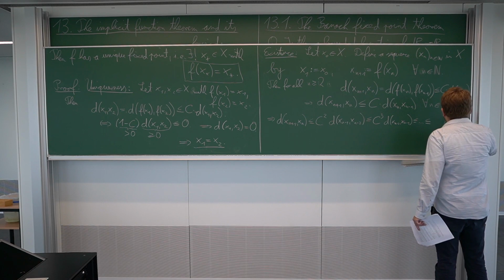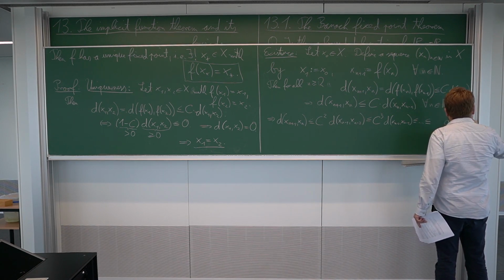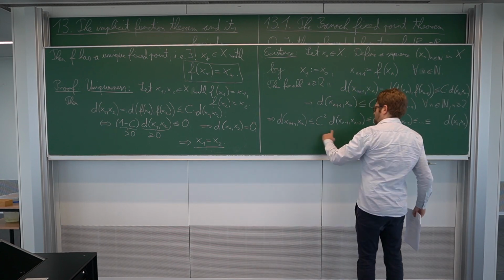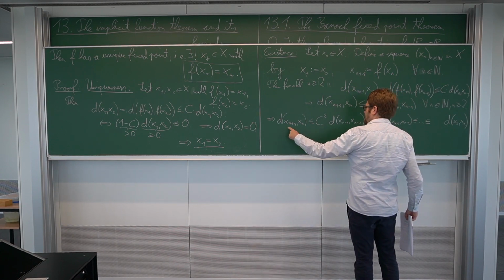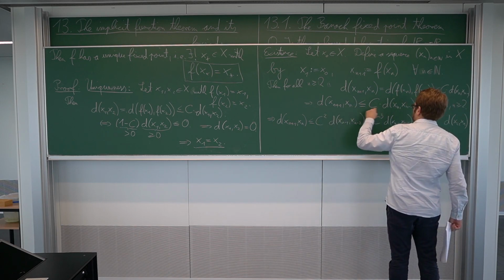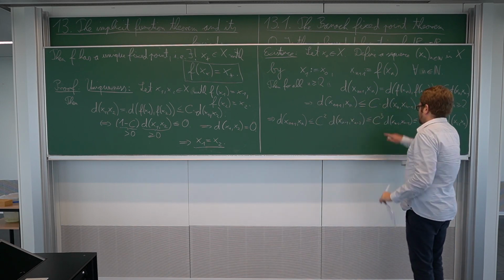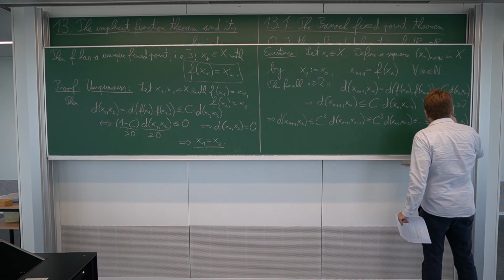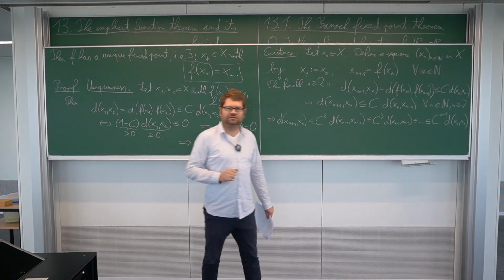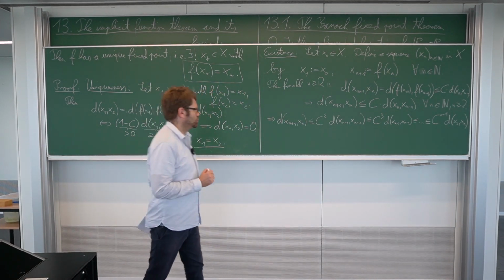So we have d(x2, x1), and we see that with n+1 we started, so from n+1 to n we go by 1, and then we have to go to n-1, and so on. If we count, this should be c to the n-1, because this is n-1 many iterations of this formula.